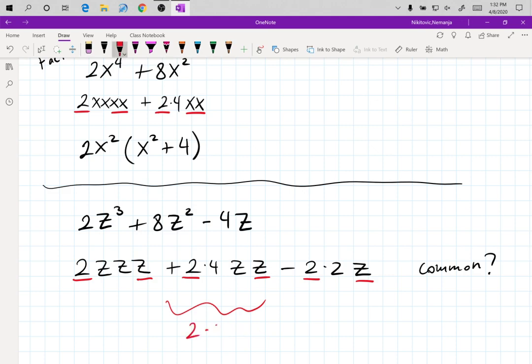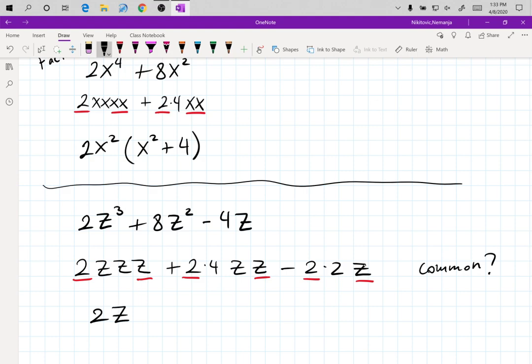Because it's 2 and then times 2 and then times 2. That's how you make 8. But I can't kick more than 1 because this term over here has only 1 2. And we need common. What is the same in every term? So every term has one of the 2's. And that's it. So we can kick out a 2.